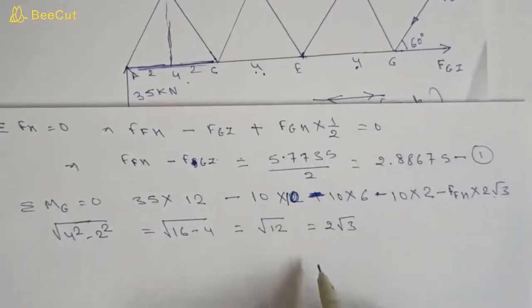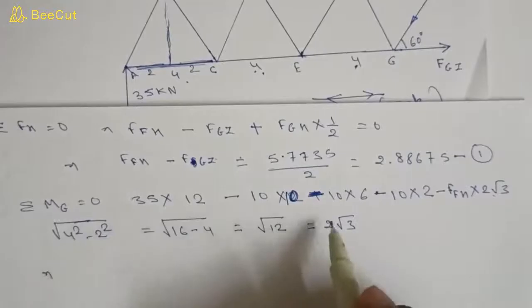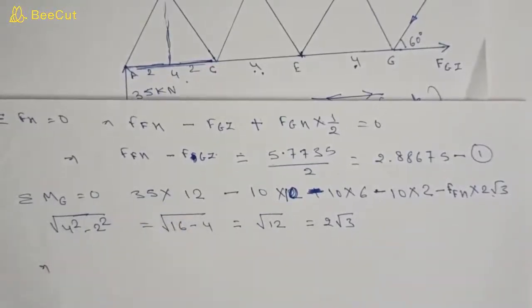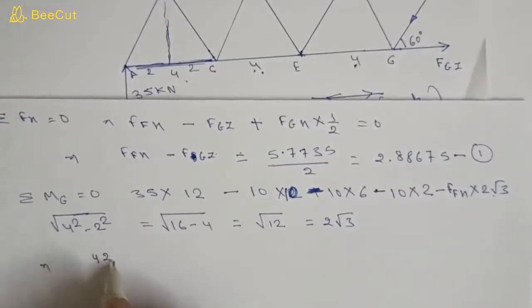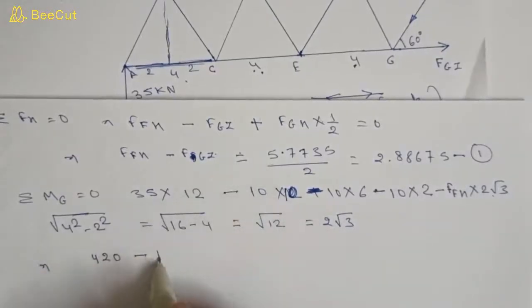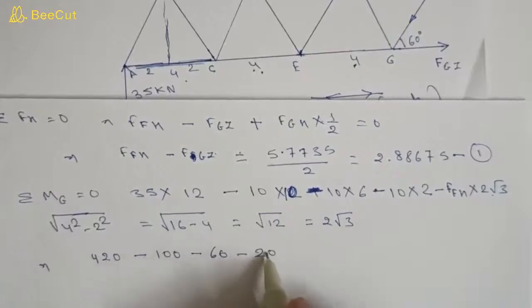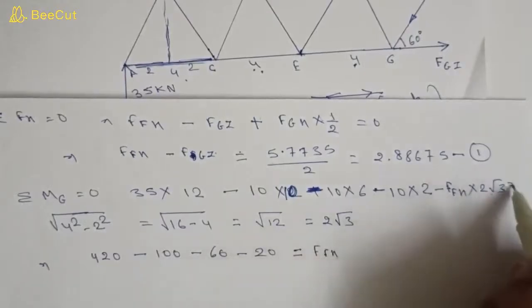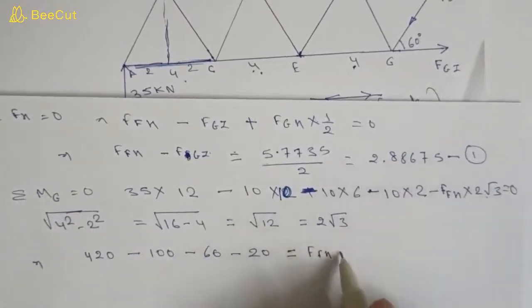So if we solve this, then we will get 35 into 12 is equal to 420, minus 100, minus 60, minus 20, minus FFH into 2 root 3, is equal to 0.